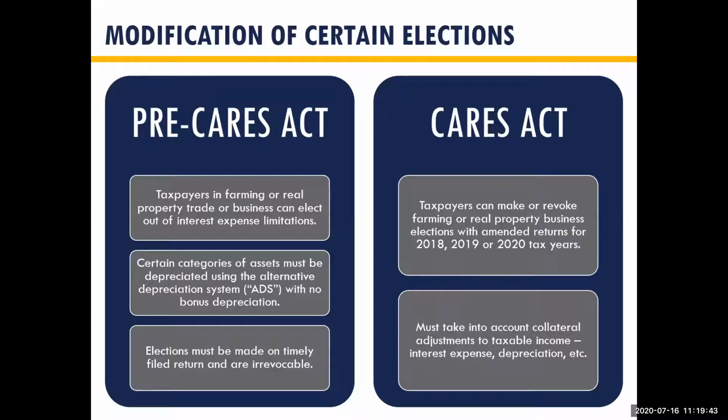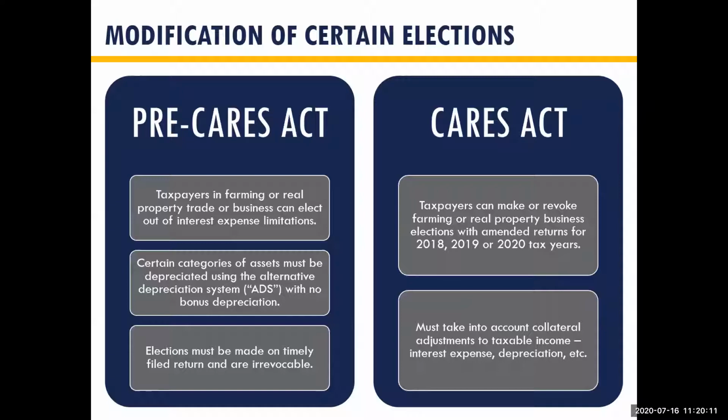But we can only do that through filing an amended return. So if we made an election out of 163J on either the 18 or 19 return, and we now don't want to make that election anymore because the 50% threshold covers all of our interest, or because we now want to take bonus on QIP, we can change that election. This is a limited window of time during which we can make this adjustment, but it will require an amended return.